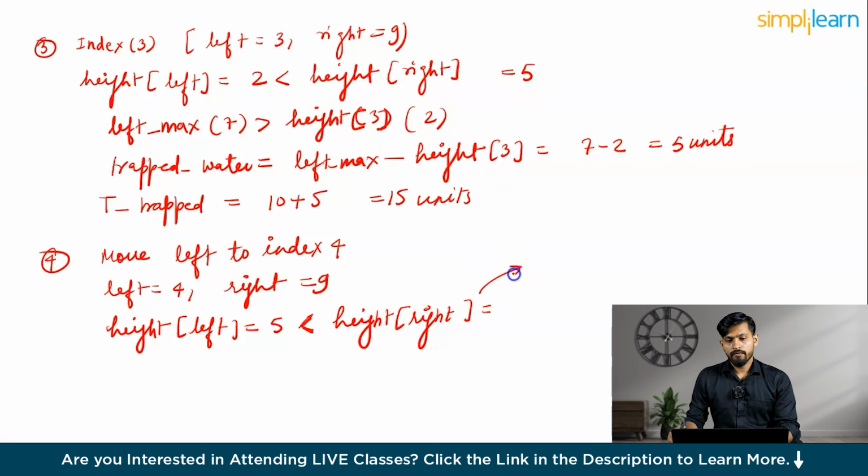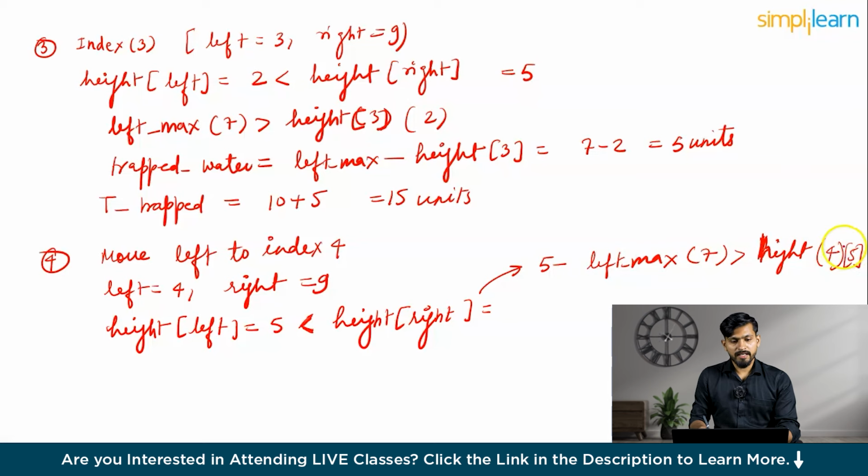Left max is basically 7 here, and it is greater than height at 4, which is basically 5.